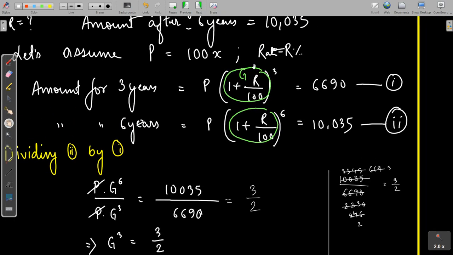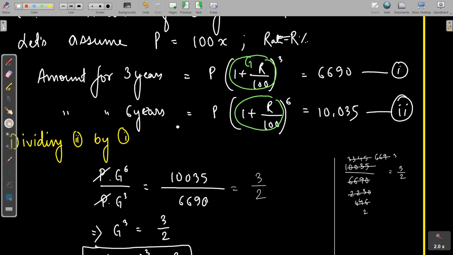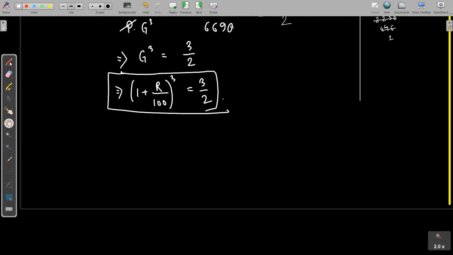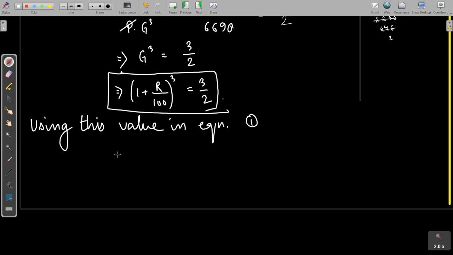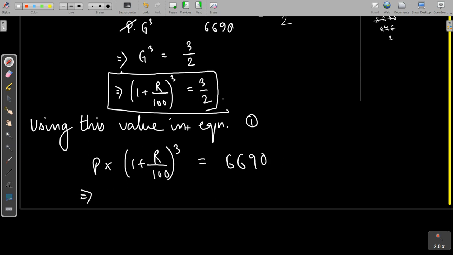Now this thing here is exactly this thing, right? So can we put this value in equation 1? Can I say that p times (1 plus r by 100) cube, which is equal to 6690, can be rewritten as: this whole thing is equal to 3 by 2.